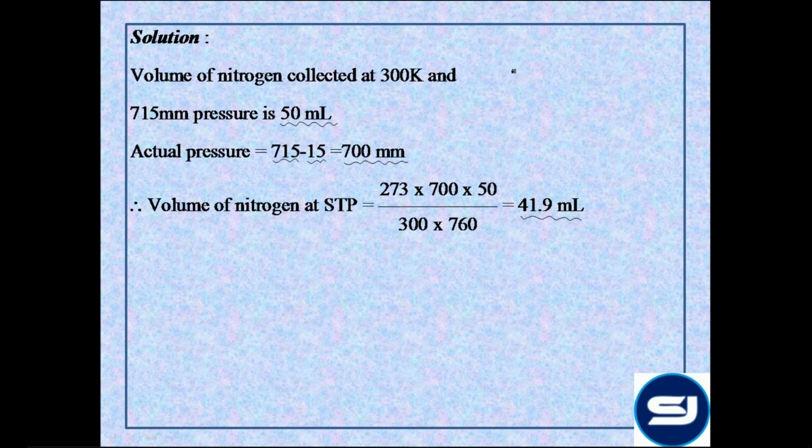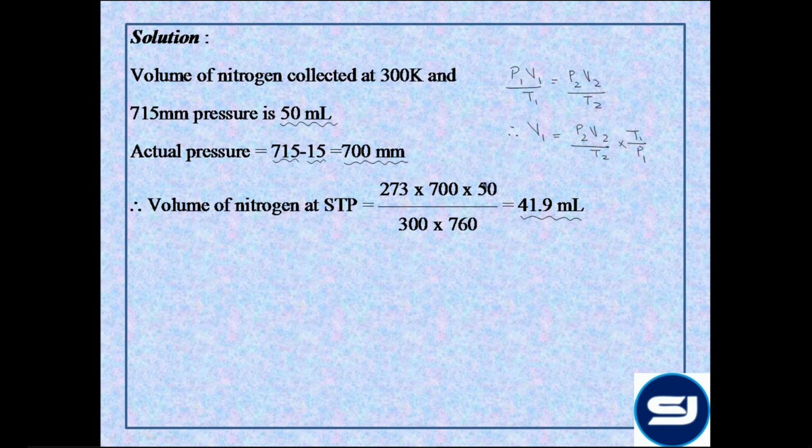So the relation which is used over here is P1 V1 upon T1 equal to P2 V2 upon T2. So let's say the subscript 1 refers to the standard condition. So the volume of nitrogen at STP would be equal to P2 V2 upon T2 into T1 upon P1.